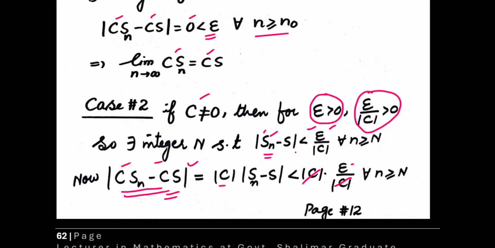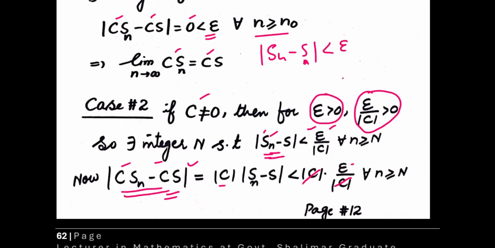Suppose at the start, we do not choose Sn minus S less than epsilon by C. Suppose we set it as: Sn converges to S, so for every positive real number epsilon, there exists a natural number n such that this is less than epsilon.